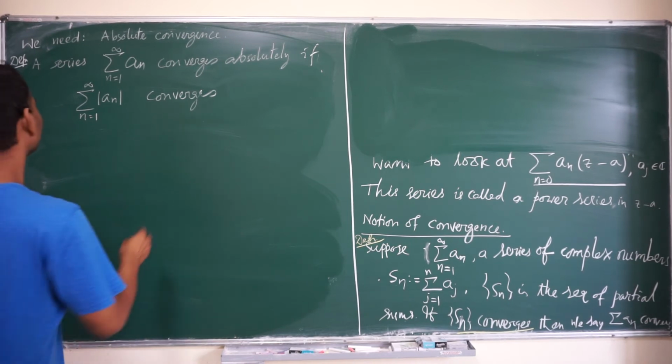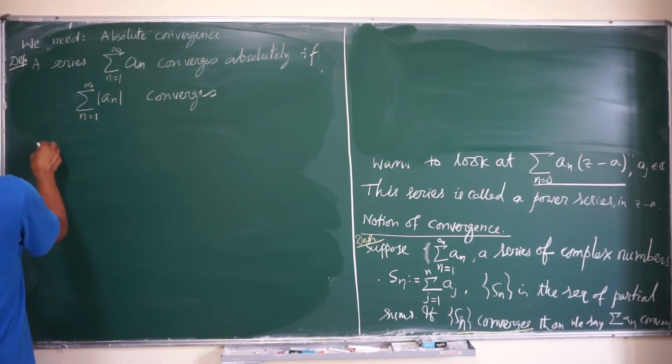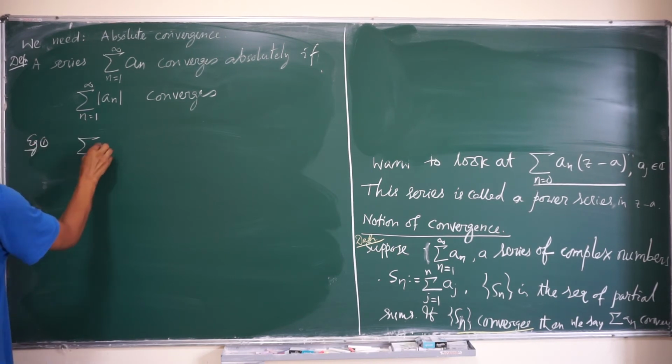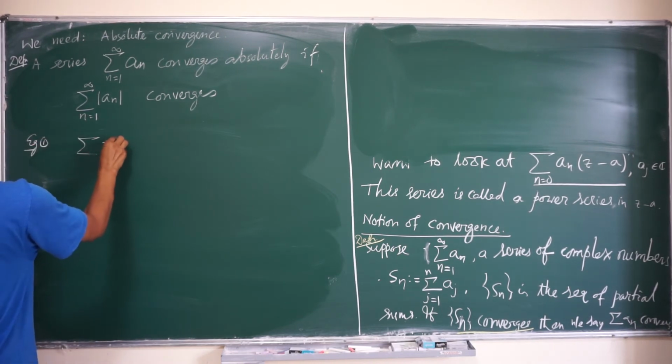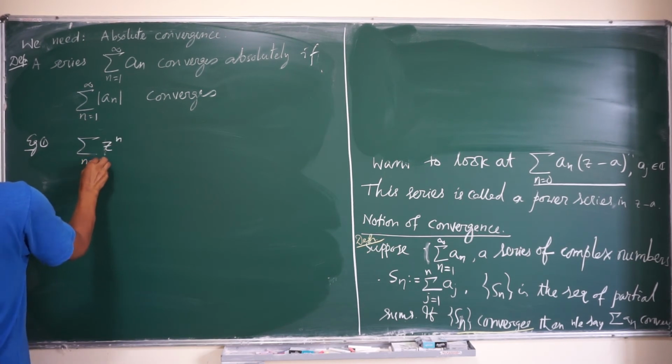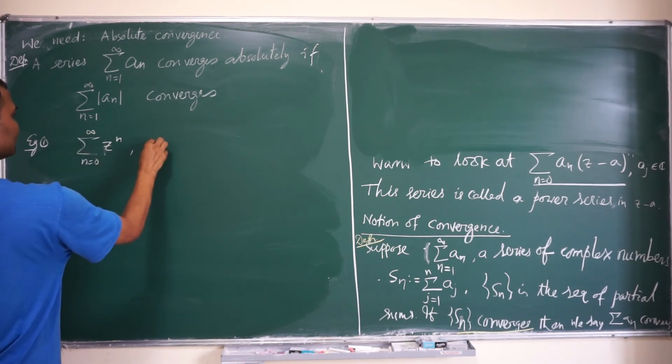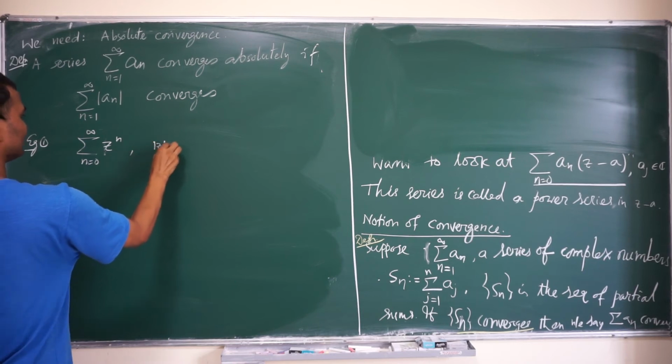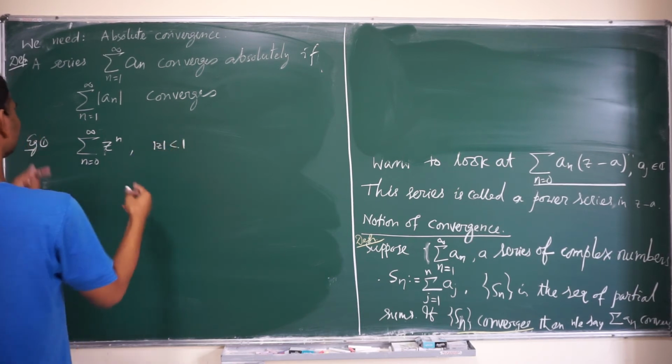Now let's look at an example. Summation z to the power n from 0 to infinity, and let's say mod z is less than 1, with z fixed.